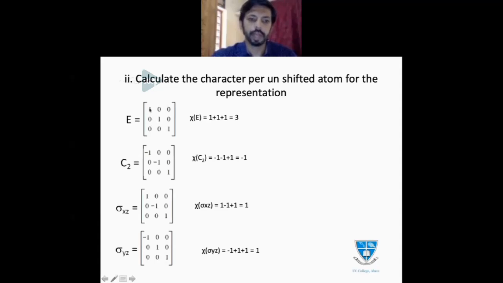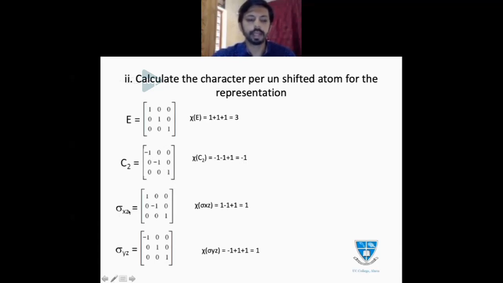So for the character of E, we sum 1 plus 1 plus 1, that is equal to 3. For C2, this is the matrix representation for C2. And in order to determine the character of C2, we sum up the diagonal elements, that is minus 1 plus minus 1 plus 1, that is equal to minus 1.